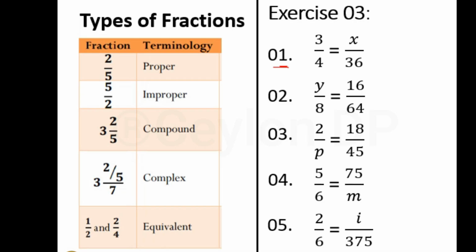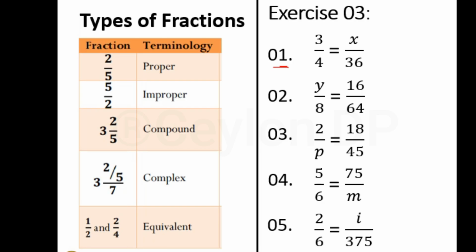I think you have some experience with this because you have done the equilibrium part in your A level. When you are calculating these things, definitely you have to find unknown values. In here also same. I'm giving some practice to remember those experiences.